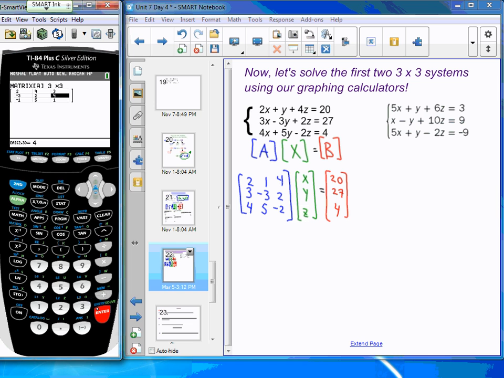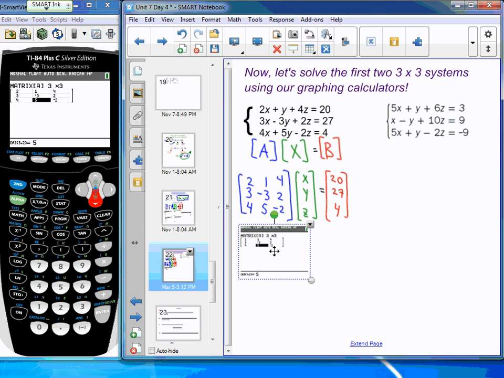Everybody do it? Make sure you have the correct coefficients, otherwise it's going to mess everything up.